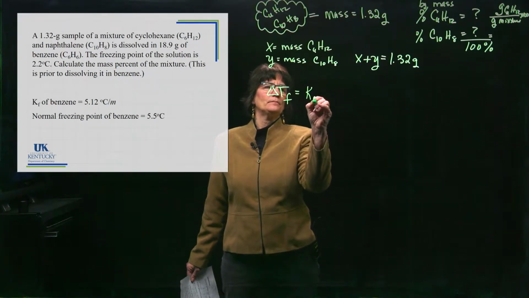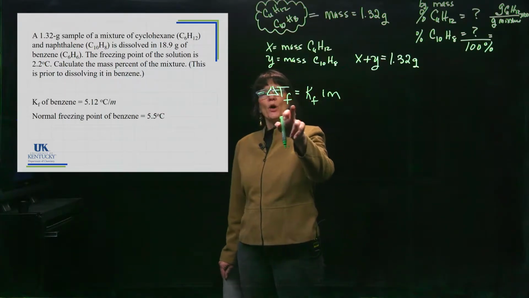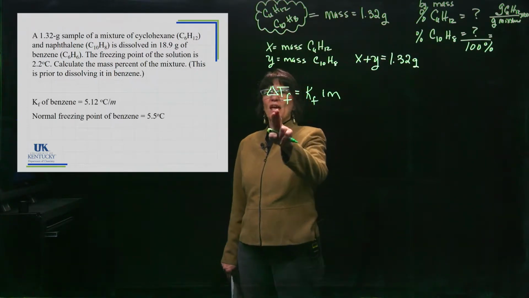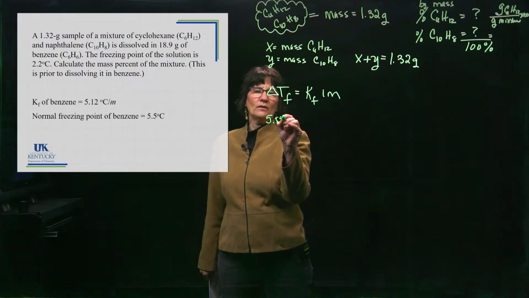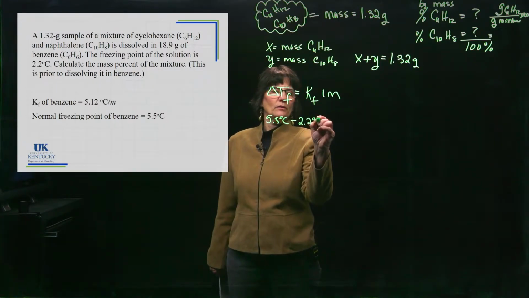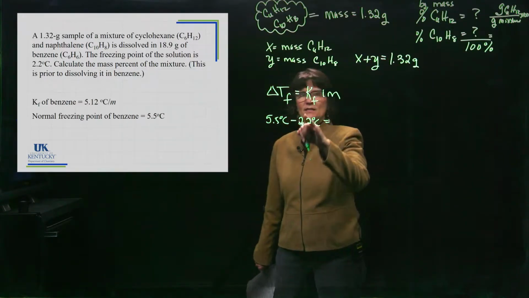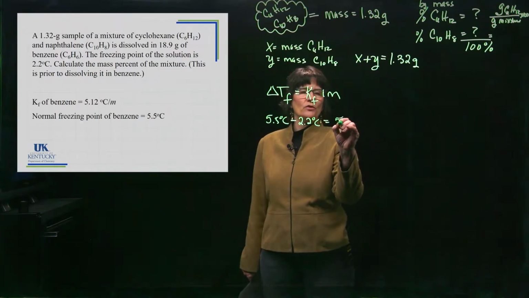So let's go to our freezing point depression information here and pull out the freezing point depression equation. Let's plug in what we know. We know how much the temperature changed by, don't we? It changed from 5.5 degrees down to 2.2 degrees. We know the freezing point depression constant, and that for benzene was 5.12.